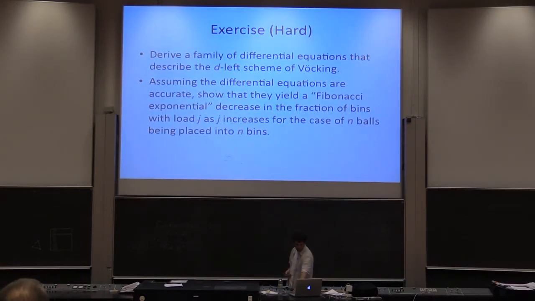Before I end, there'll be some exercises that I think will be handed out that you can look at and do. One of them is to come up with the corresponding differential equations for the d-left scheme. An even harder thing is to show that this would lead to the Fibonacci exponential decrease.